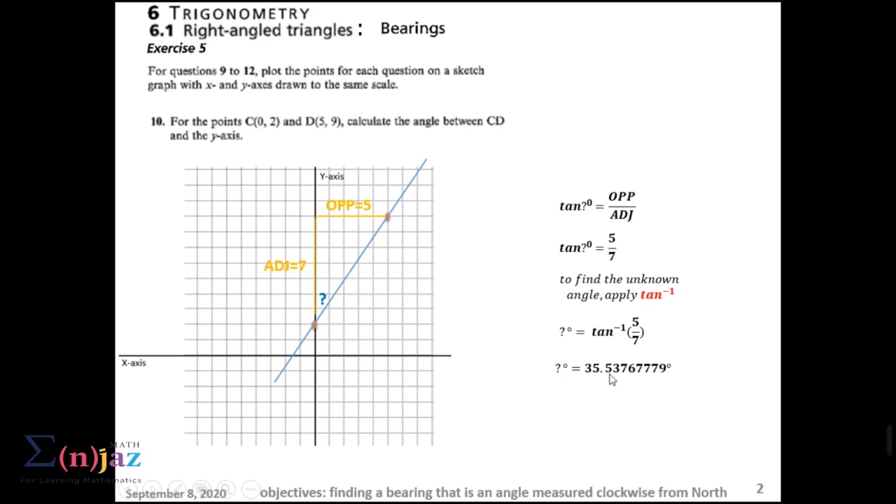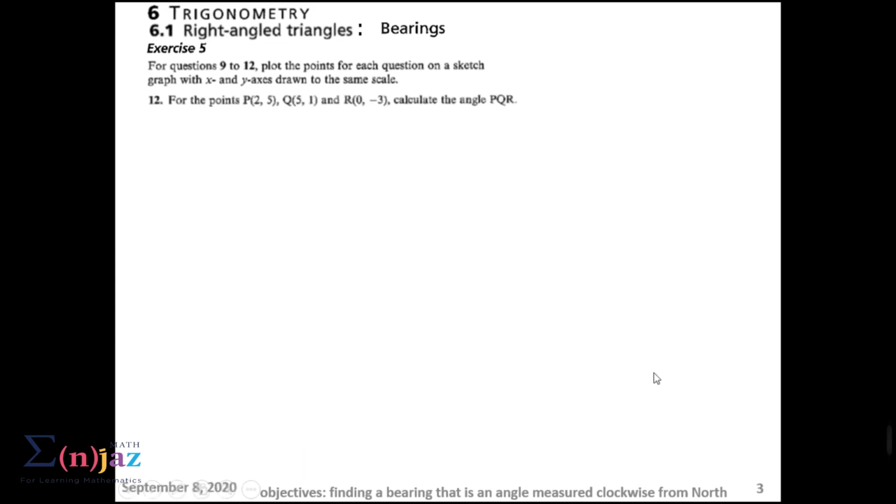This is correct to three significant figures. The 3 on your left is the first figure, the 5 is the second, and the 5 after the decimal is the third figure. Look at the right of the 5. 3 is less than 5, so it's not going to bring my 5 up, which leaves my answer correct to three significant figures as 35.5 degrees.